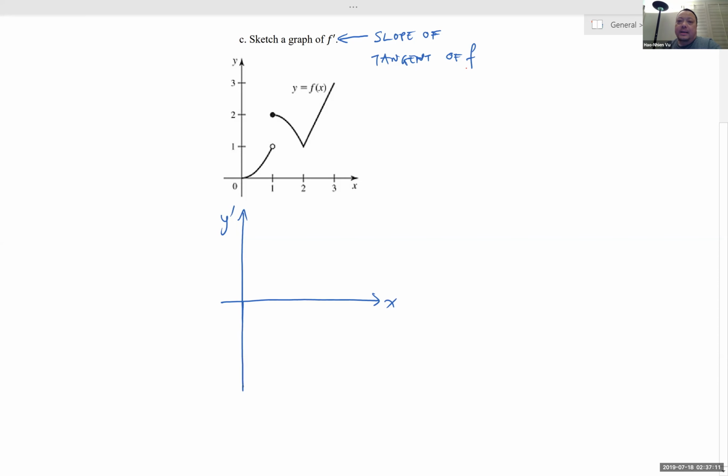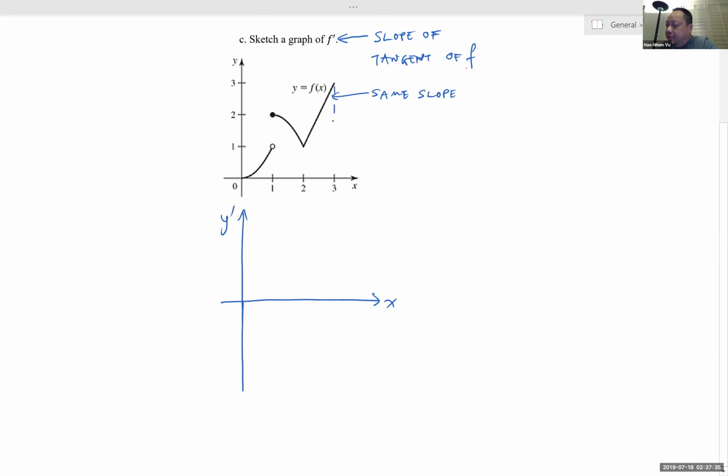All right, I want to show you the third piece first. This third piece, the whole thing has the same slope. Same slope throughout this third piece. It's a straight line, and a straight line has a constant slope.